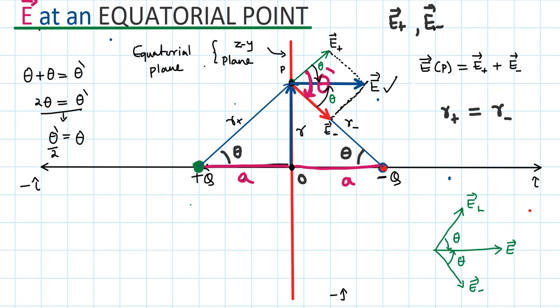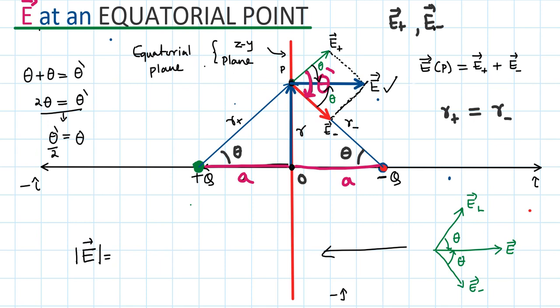So what is the magnitude of E in this case? If you have prior knowledge of vector algebra, this is easily evaluated. Let me just move this a little bit to the side.